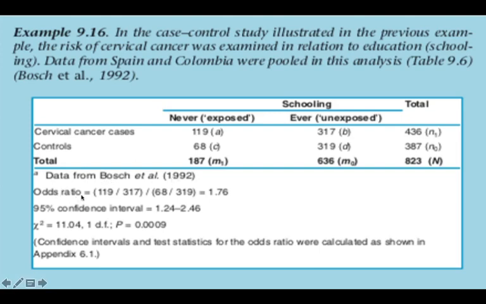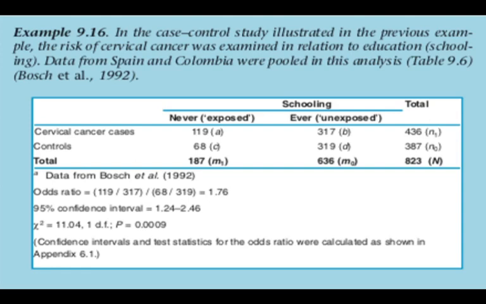Then for the odds ratio, the values are described as A divided by B over C divided by D. That's the odds ratio. So based on this odds ratio, we assume that schooling has a strong association with cervical cancer incidence.